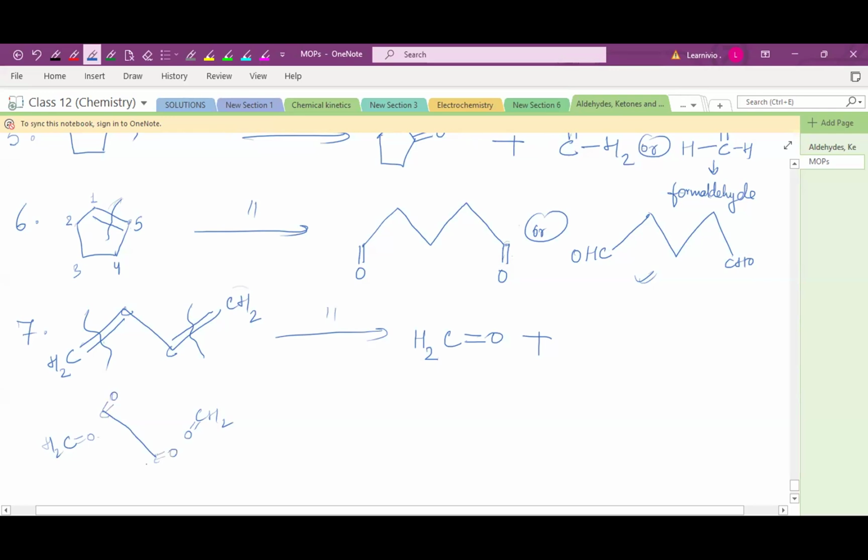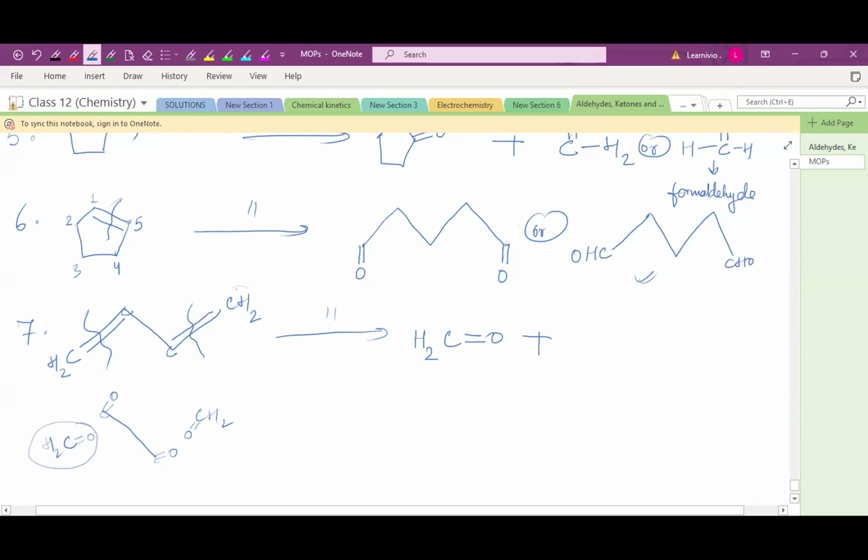So you will get three compounds over here. Three products you will get in this question because you are cleaving two bonds. Two alkenes, two double bonds are present, so simultaneously you have to break these two bonds. If you break this bond, you will get CH2, and to the CH2 you attach oxygen by a double bond.